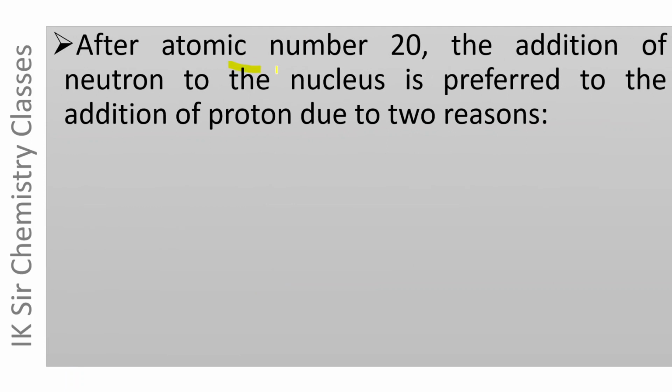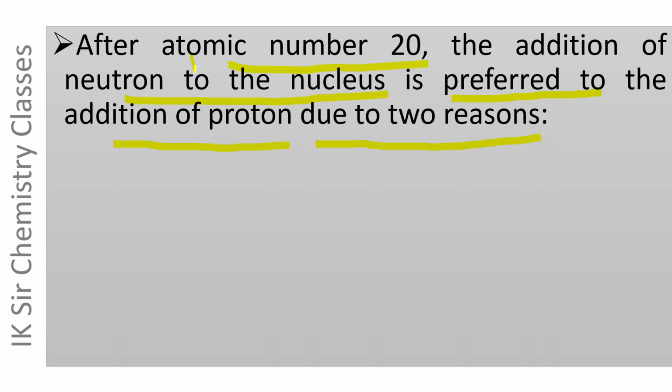After atomic number 20, the addition of neutron to the nucleus is preferred to the addition of proton due to the following two reasons. Up to atomic number 20, a stable nucleus exists when it contains the same number of neutrons and protons, that is N by P ratio is equal to 1.